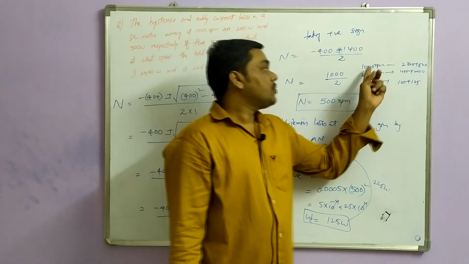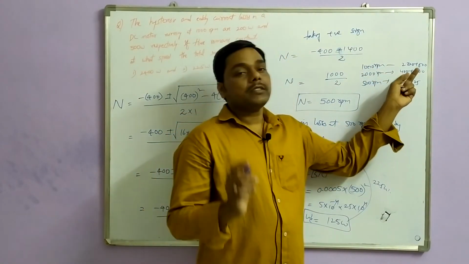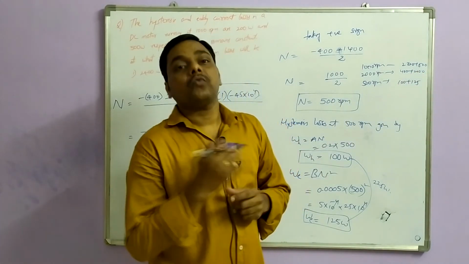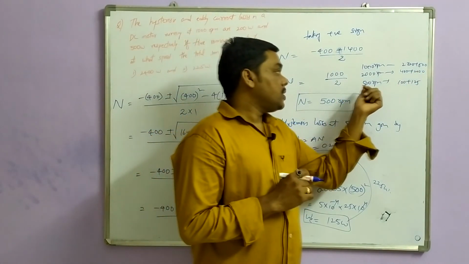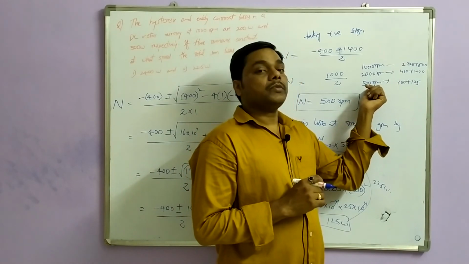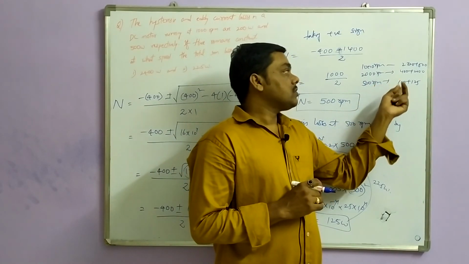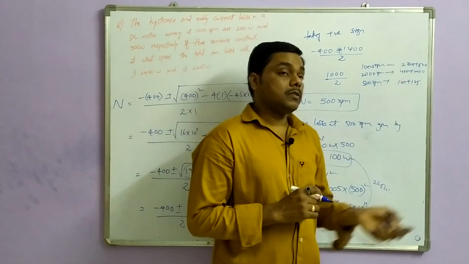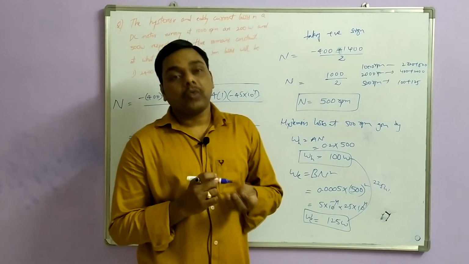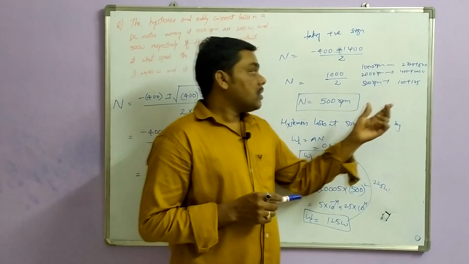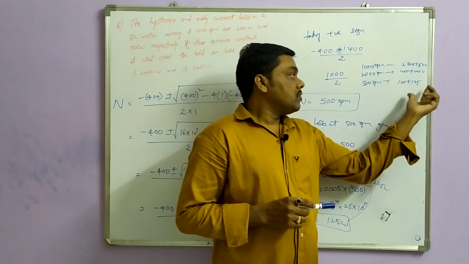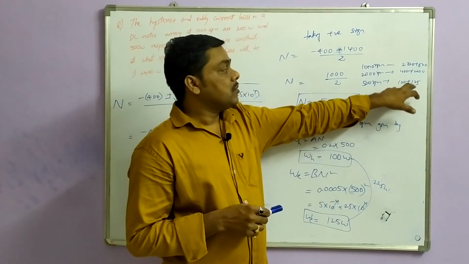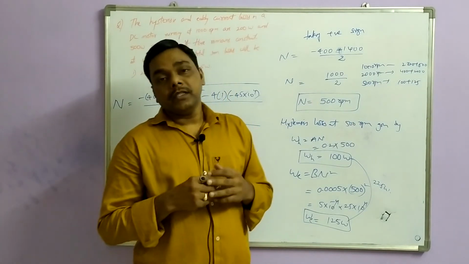You can see here, if the speed is doubled, hysteresis losses are doubled, but the eddy current losses increase by 4 times. And if the speed goes to half, the hysteresis losses will be half, but the eddy current losses decrease to one fourth. So eddy current losses change with the square of the speed. That's why these losses are majorly affected if the speed changes.